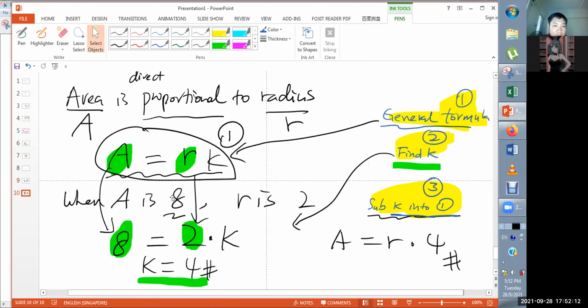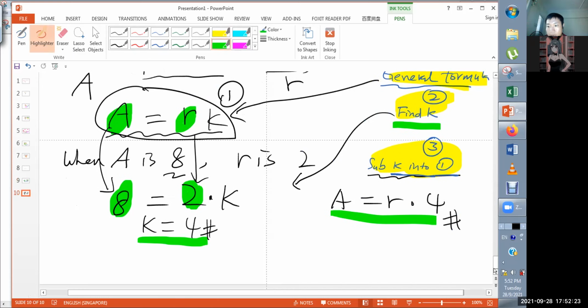In fact, if you are going to continue this question, once you have this final answer, A equals to R times 4, the next question they will ask you is, what is A when R is 2? So how do you answer this question?